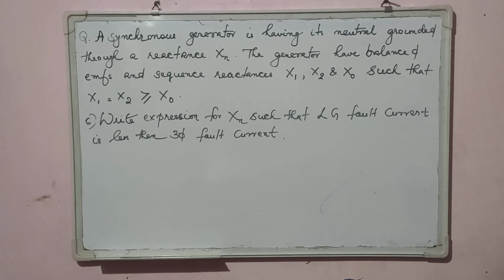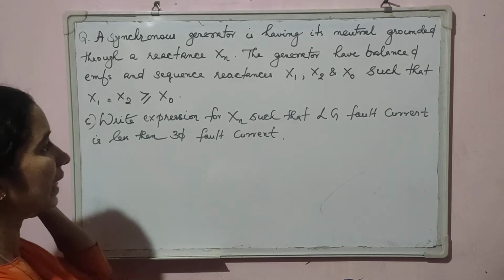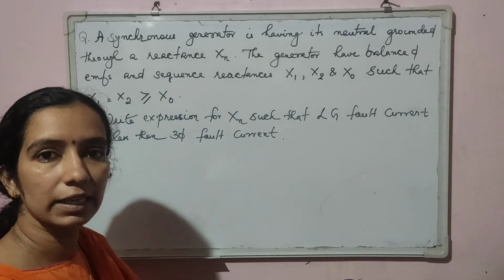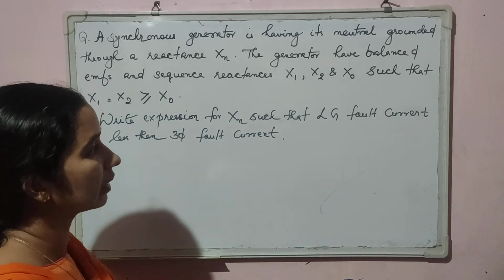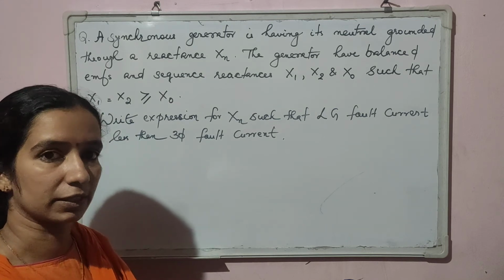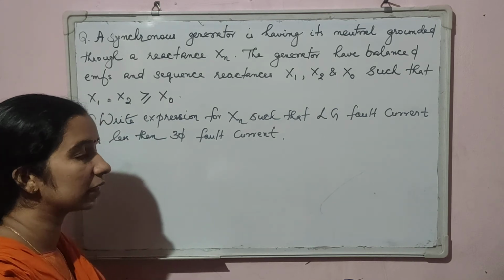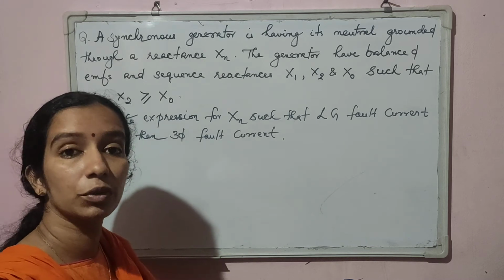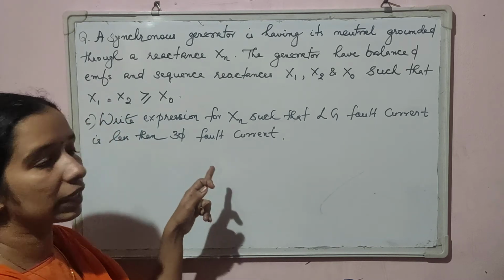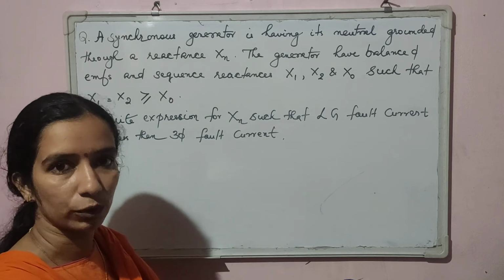There is one more part we have to solve, and that is to write the expression for the neutral grounding reactance Xn, such that the LG fault current is less than the three-phase fault current. In the previous part, we assumed that the neutral is solidly grounded, and the LG fault current was more than the three-phase fault current.